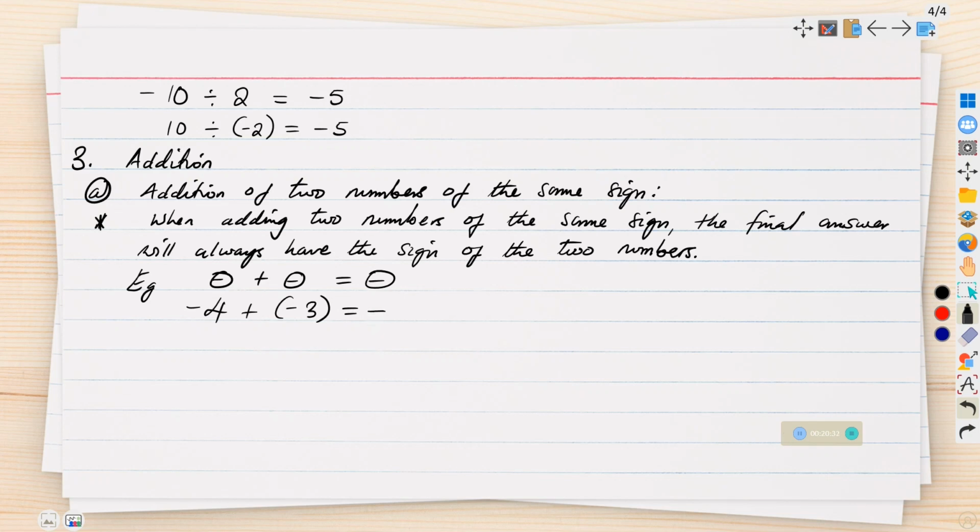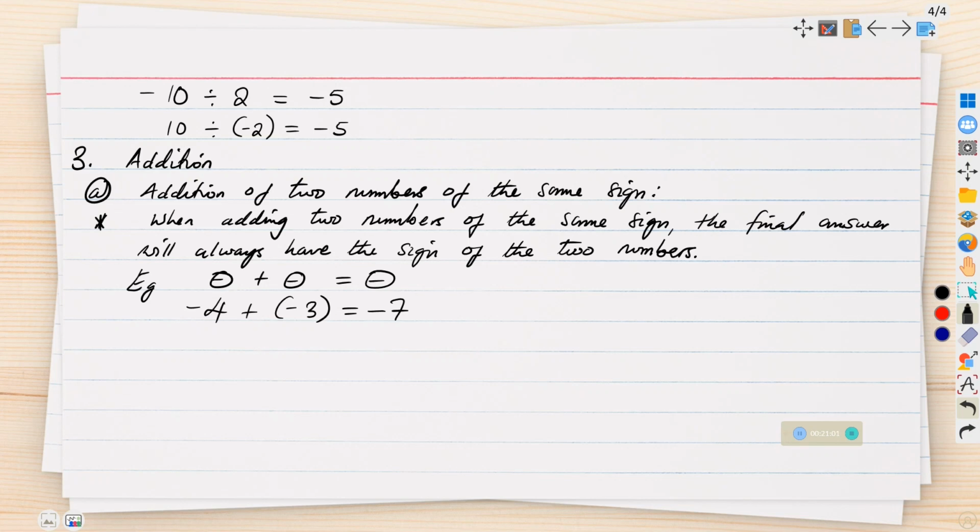Okay, so what we do in such a circumstance, once we know that the final answer is negative, then we add. So in other words, you add now 4 plus 3, which will be 7. So in other words, the rule is that when adding two numbers of the same sign, keep the sign of the two numbers and add the numbers.